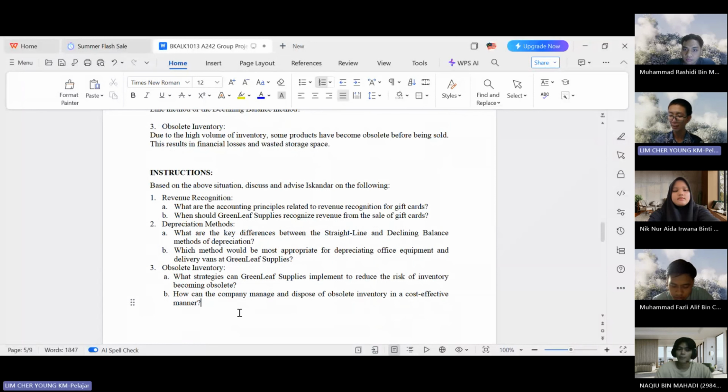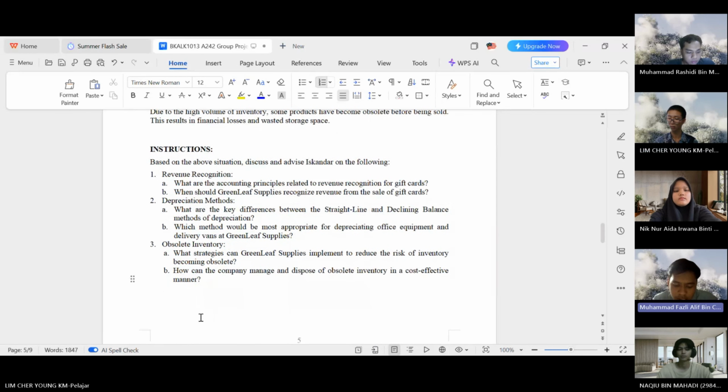Implementing a just-in-time inventory system can reduce the risk of inventory becoming obsolete or overstocked. And for items already obsolete, offering discounts, donating to charity, or recycling are practical options to minimize losses and clear storage space.